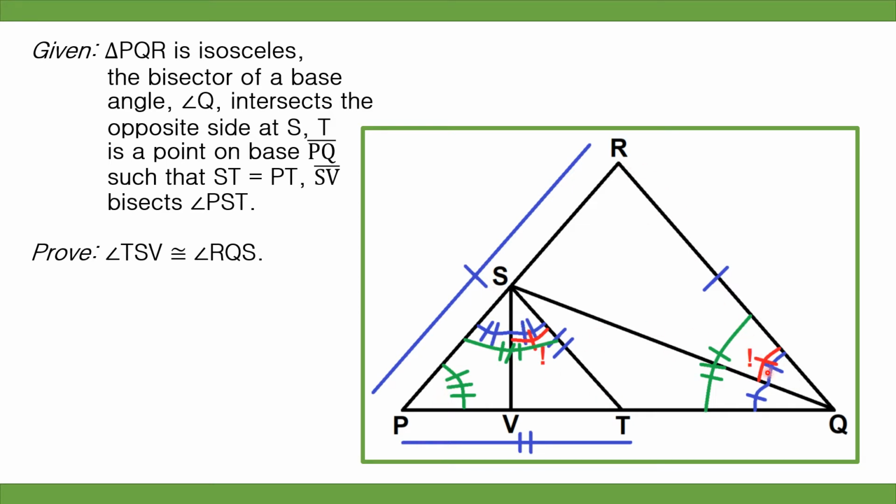Now look at the relationships of these three. If this angle is congruent to this angle, and this angle is congruent to this angle, then what can you say about these angles? Yes, these angles must be congruent.